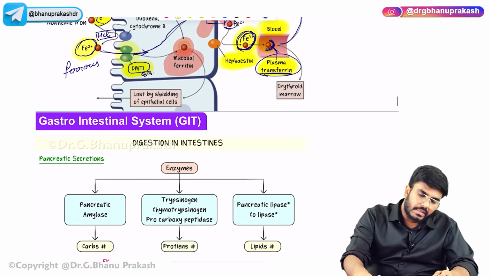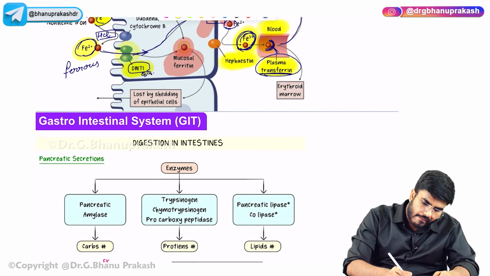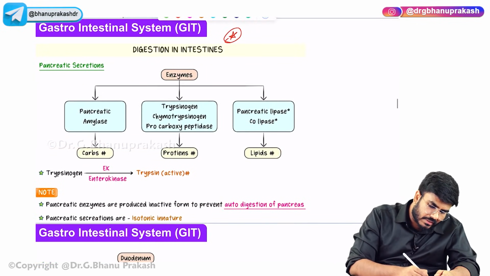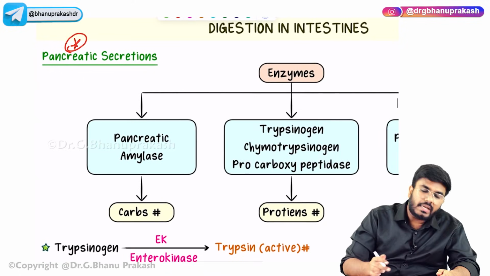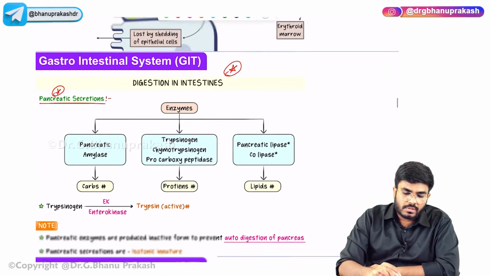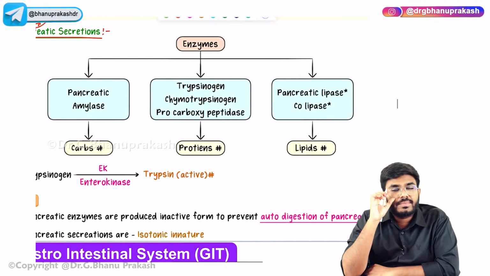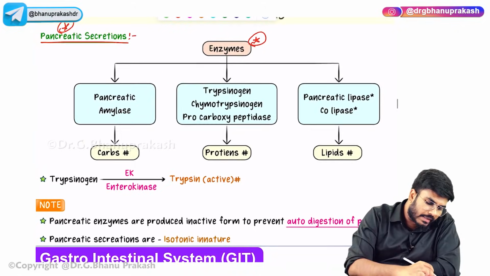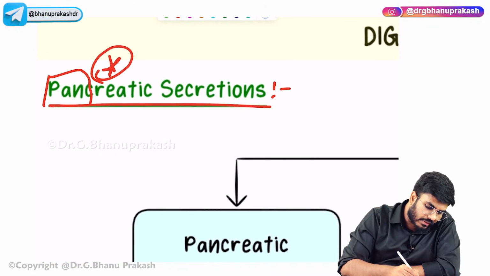Next, let's discuss digestion in the intestines. The first enzymes I want to discuss are the pancreatic secretions. Which enzymes will be produced by the pancreas? Look at the first three letters of pancreas: pan.